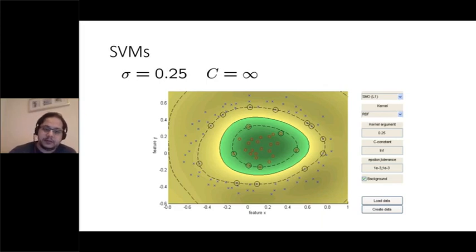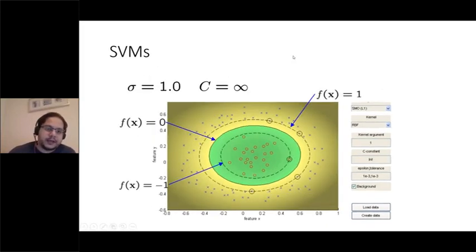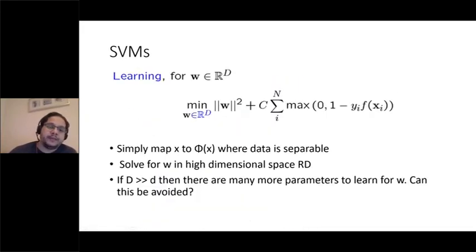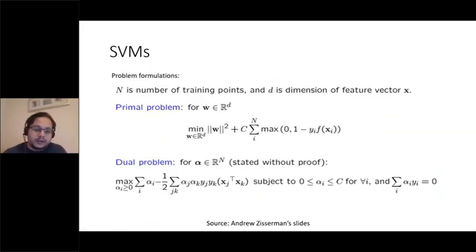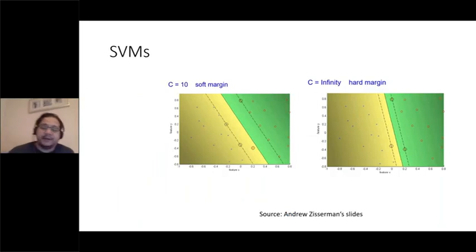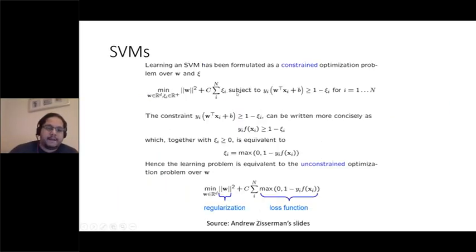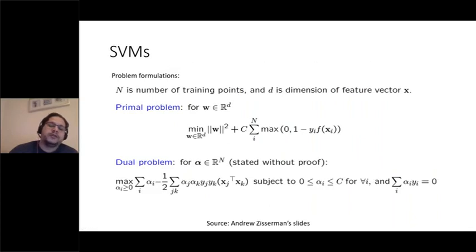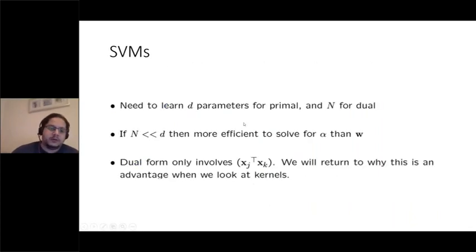Okay. So just to mention again what is very important in the SVM: it is a maximum margin hyperplane. We are trying to get the maximum margin. What C represents.